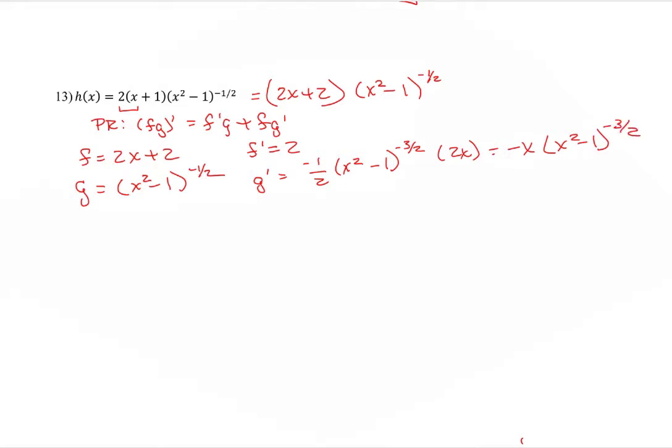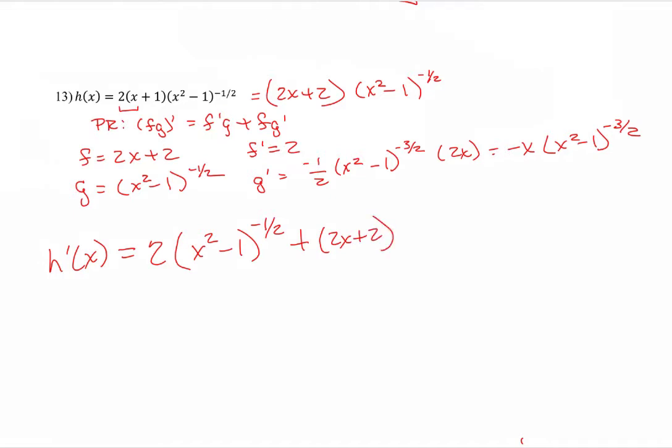Now let's put it all together. And so what we get is h prime of x is 2 times (x squared minus 1) to the negative 1/2, plus (2x plus 2) times minus x times (x squared minus 1) to the negative 3/2, and that would be our final answer.